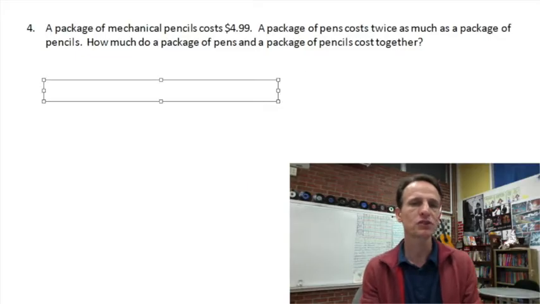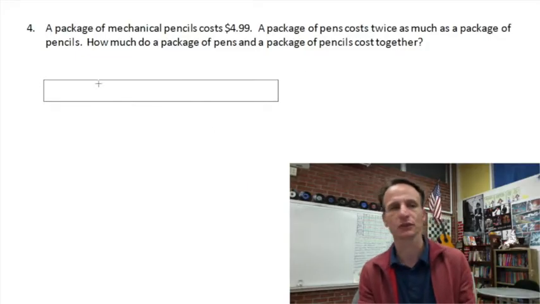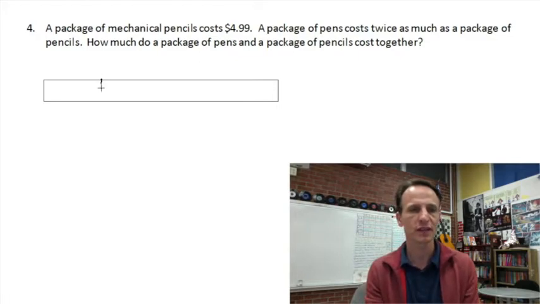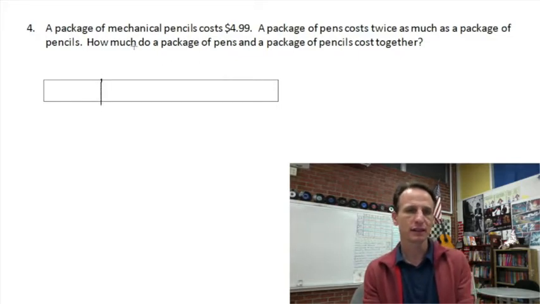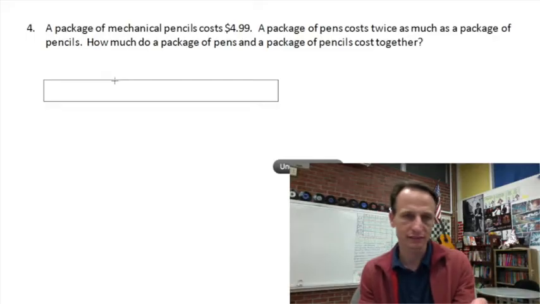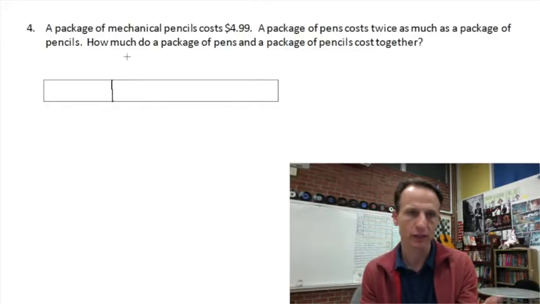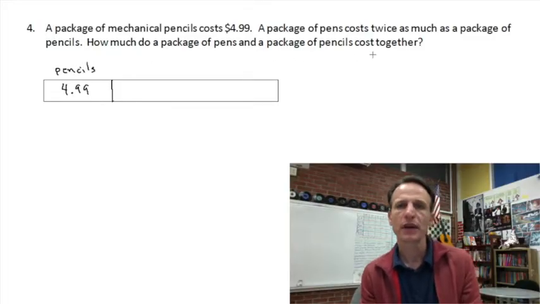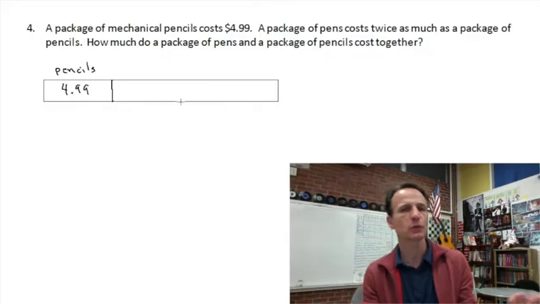All right. So I'm just going to draw one tape here, and here's why. It's because I'm putting all this together. So this right here, I'm going to make that line a little better, a little further out there. Okay, so this is the pencils at $4.99, right? And so I'll label this pencils. Now the pens is twice as much, and then we're putting them together.